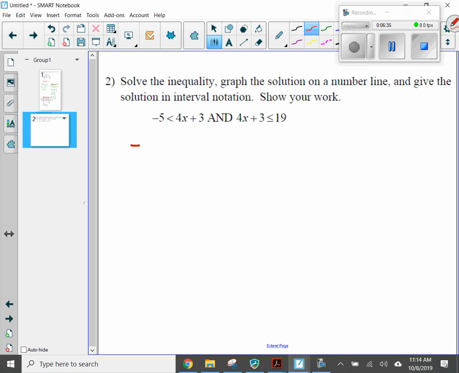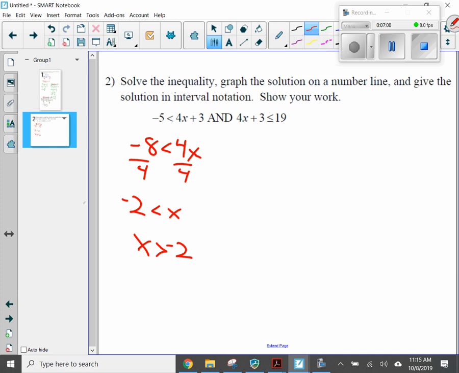I'm going to get -8 less than 4x, and if I divide both sides by 4, I get -2 is less than x, or I kind of like to have my x's on the other side, so I can just flip the whole thing, and it's x is greater than -2.